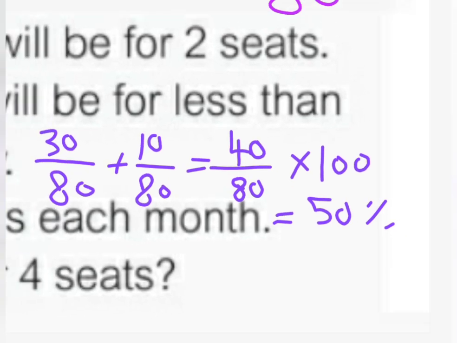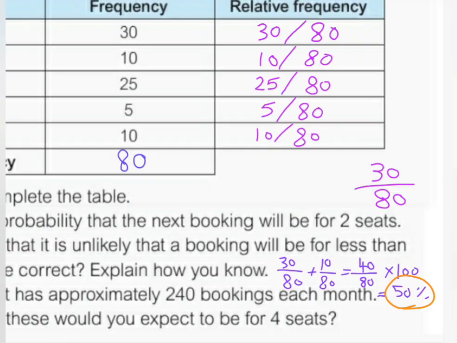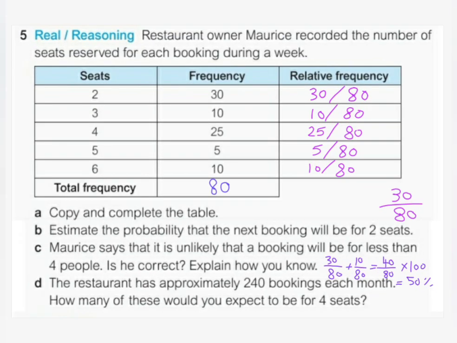Now, when we talk about 50%, is this unlikely to happen? Very good. It's not. It's even chances. So how did we know that? We took the two frequencies, added them together, and then multiplied by 100 to get 50%. And because the percentage is 50%, it means they have even chances with the other bookings to happen.